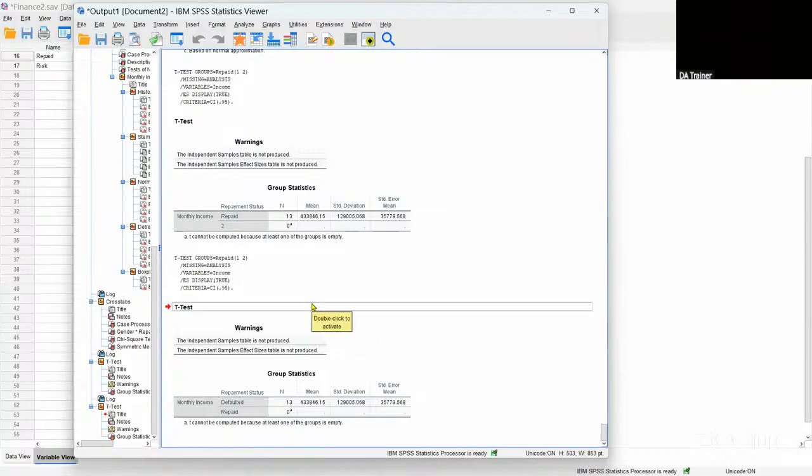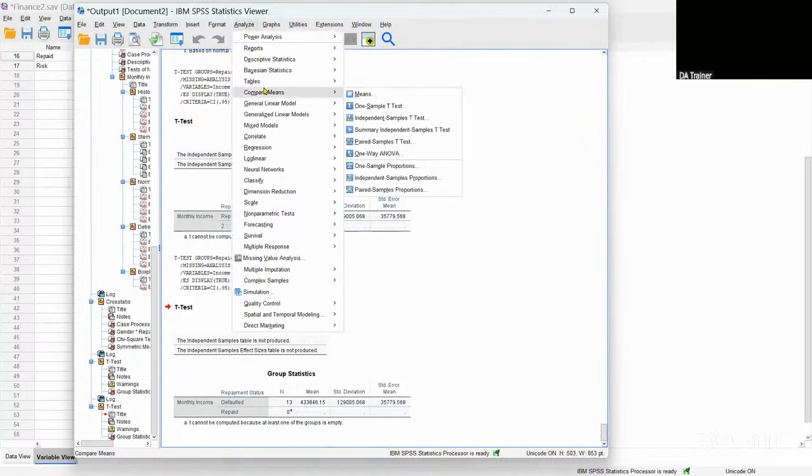Okay. Let's use ANOVA since it's not giving me what I'm looking for. Let's go to one-way ANOVA, and then we will hit straight at it and we'll get what we're looking for.